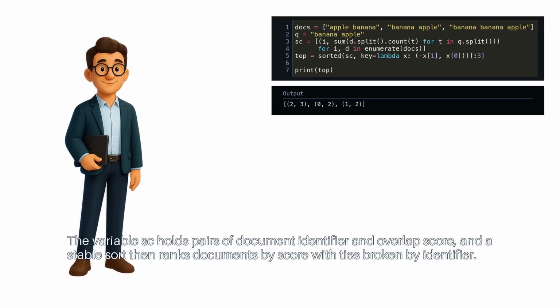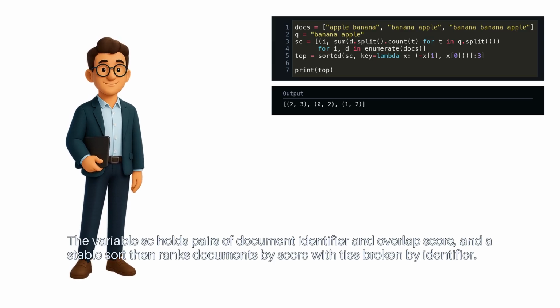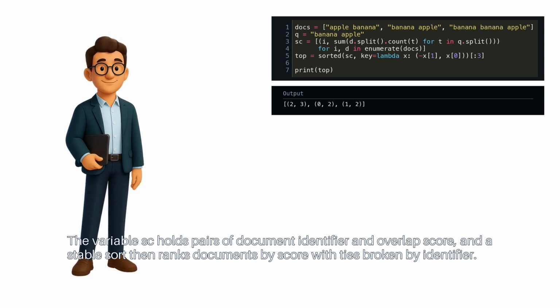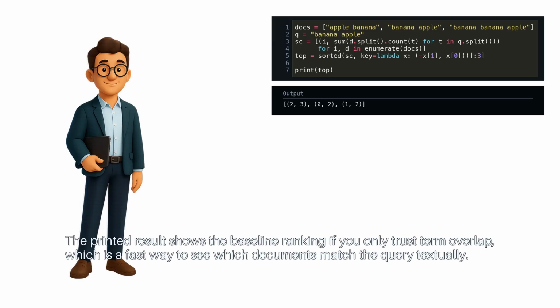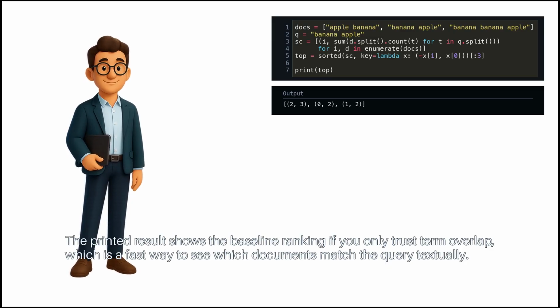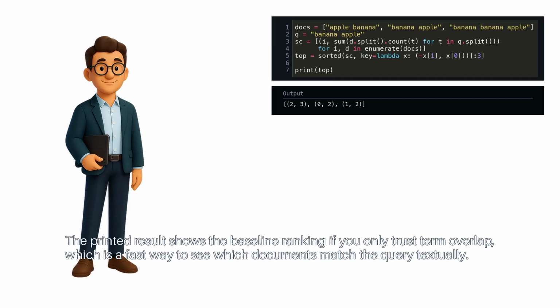The variable SC holds pairs of document identifier and overlap score, and a stable sort then ranks documents by score with ties broken by identifier. The printed result shows the baseline ranking if you only trust term overlap, which is a fast way to see which documents match the query textually.